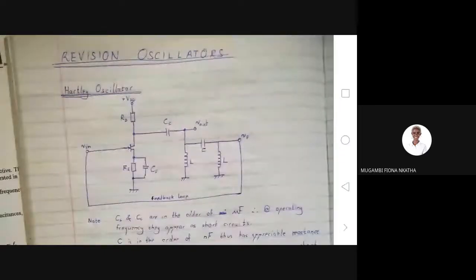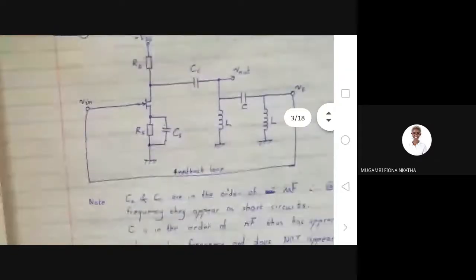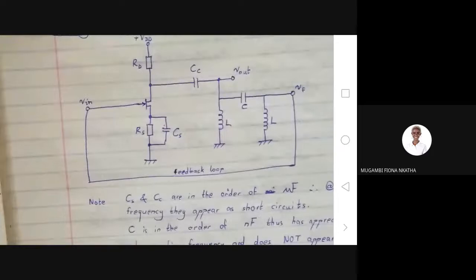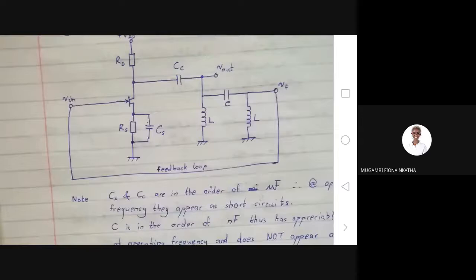Then it will be amplified, but only a certain frequency will give back the conditions for KAV greater than or equal to 1. So only some frequencies get KAV being real and positive. The other frequencies won't. So that one frequency is the one that will be amplified over and over repeatedly until it comes out at the output.